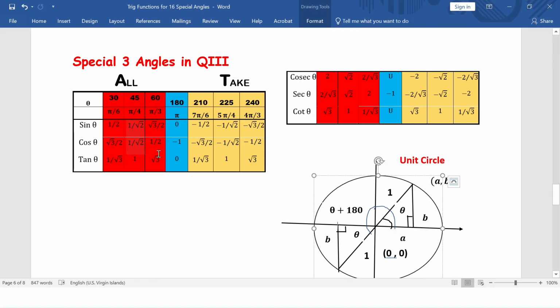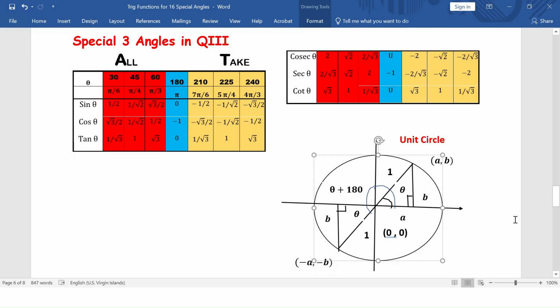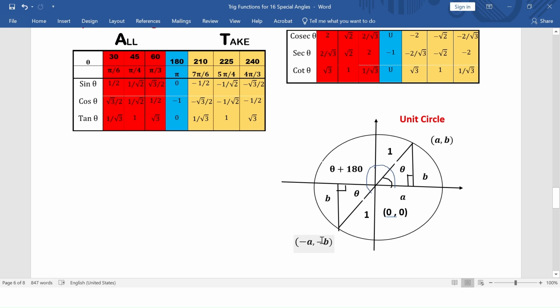Similarly, maybe I should put it down here. Tangent is negative here, positive there. The reason is that in quadrant 1 all are positive; in quadrant 2 only sine is positive and cosine is negative. That's why tangent is negative, because tangent is a ratio of y and x, and if one is positive and one is negative, we get negative. Here tangent is positive also.